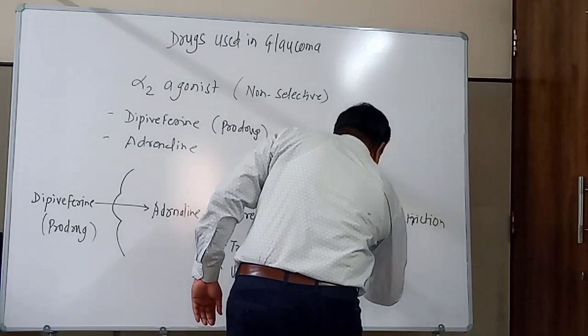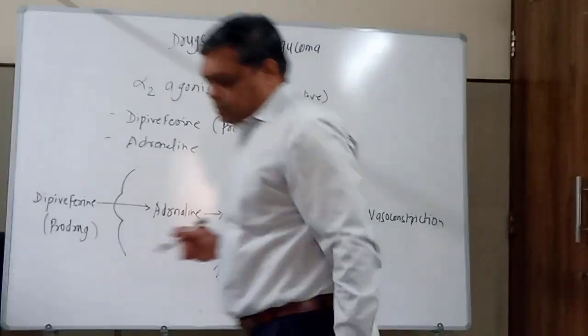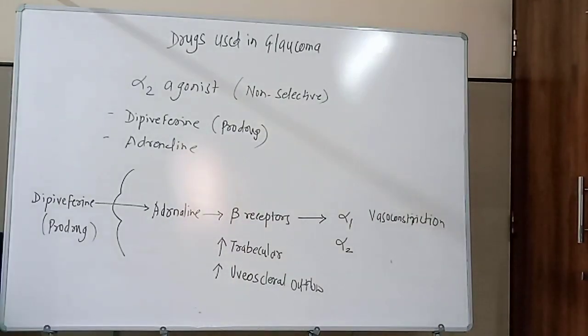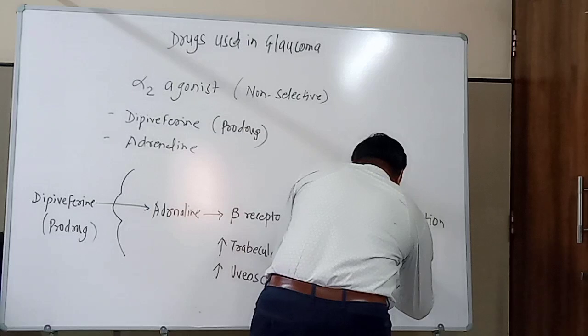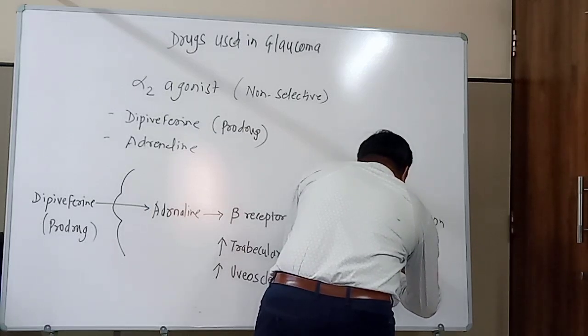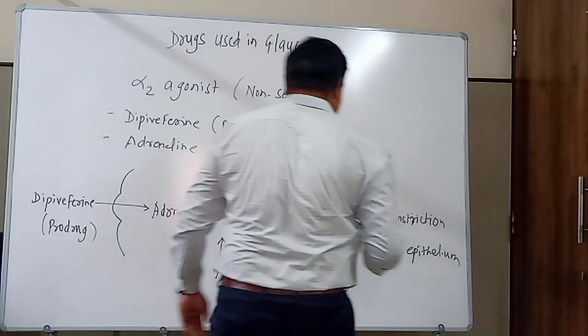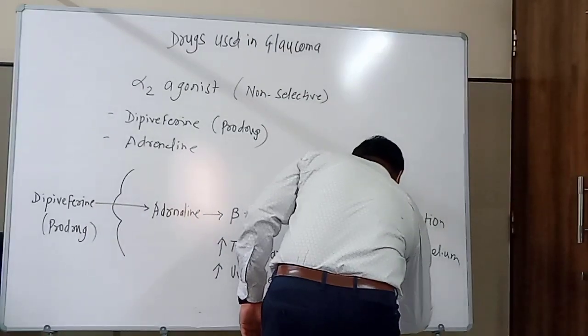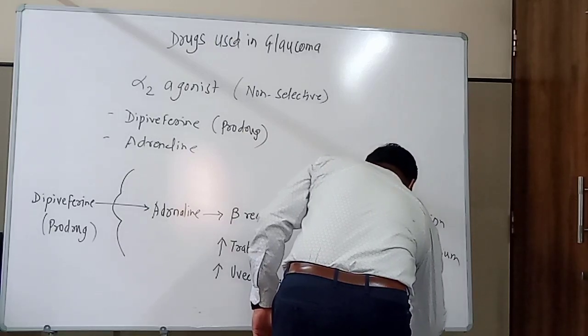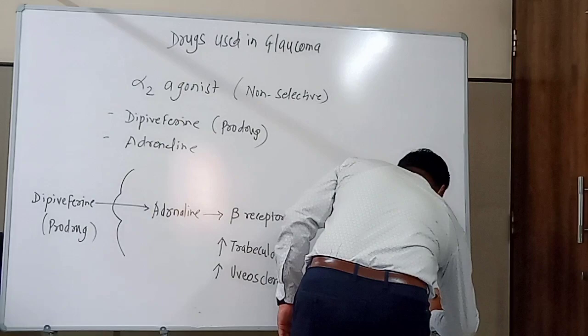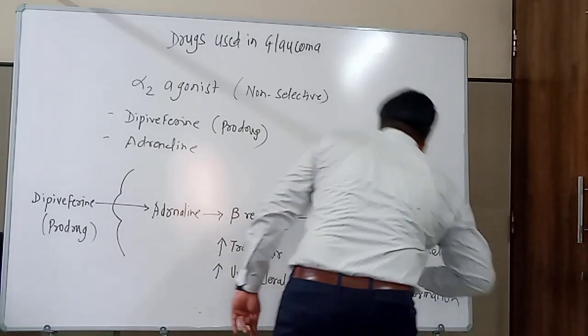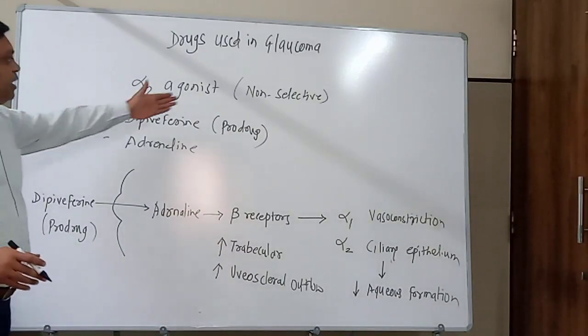And it acts on the alpha 2 receptor of the ciliary epithelium, thereby decreasing aqueous formation. This is the mechanism of action of non-selective alpha 2 agonists.